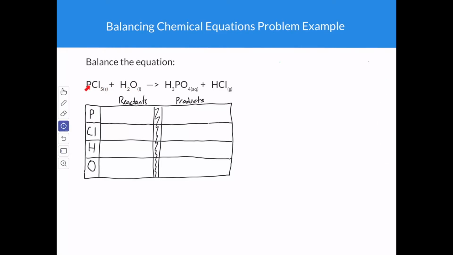We can see that we only have one phosphorus atom present. So, we'll write a 1 on the reactant side. Then we go to the product side. Again, only one phosphorus present. We'll do the same with chlorine. Chlorine, it looks like we have 5 present on the reactants. Products, only 1 present.